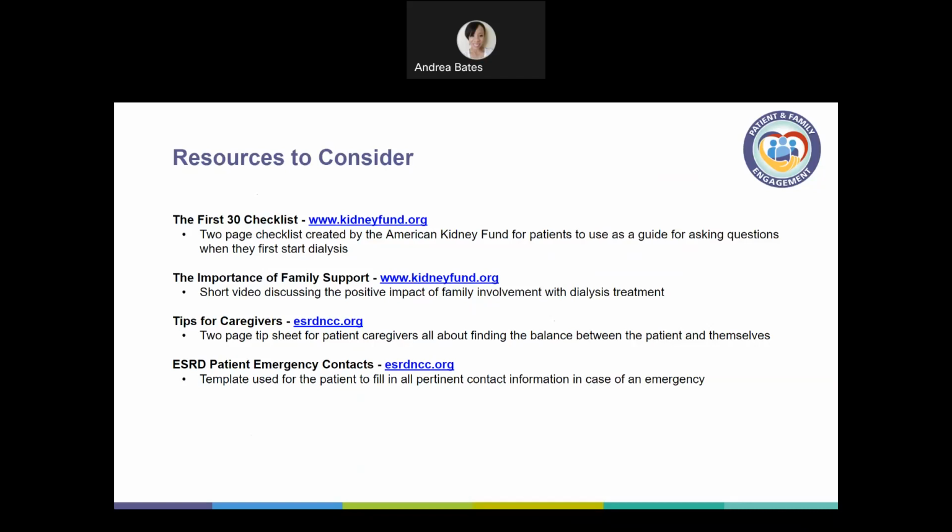And lastly, there is an ESRD patient emergency contact template that's already put together that patients can fill in with all their pertinent contact information in case of an emergency. It isn't just their emergency contact people, it has maybe what hospital they usually go to and medications they're on. This is great as your facility makes sure that they have their emergency toolkit all prepared in case of any type of emergency.